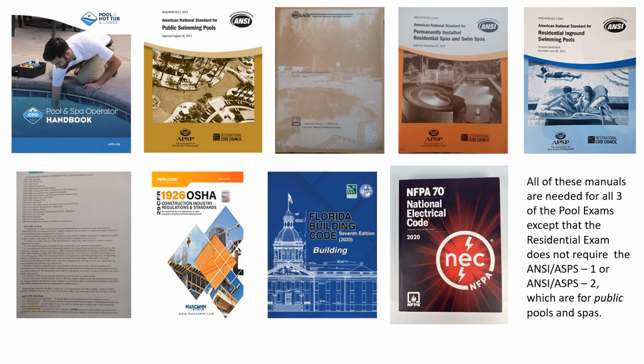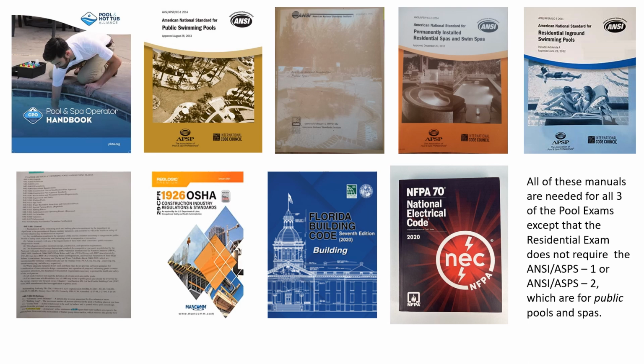Now you have something called the 64E9. That's probably just a printed document that came off the Florida website. I'm going to talk to you about each one of these individually in just a minute. Got some very important news about the 64E9. You've got your OSHA manual. It doesn't really matter which version you have. You've got your Florida Building Code Building, and you have your National Electrical Code.